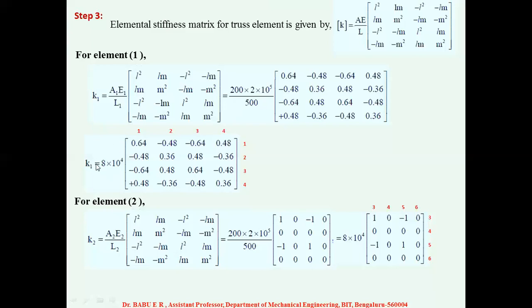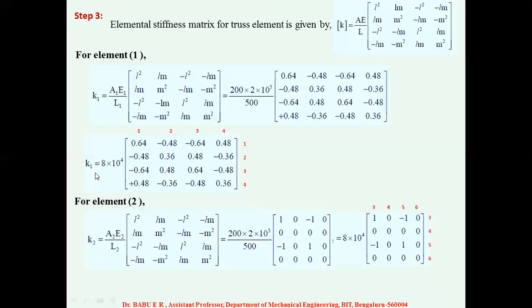So you keep it as it is, don't send it inside, because it becomes too complicated. Better you keep it outside. So this choice you have to think about. If area is different or length is different, it is compulsory to send the term inside the matrix. So I'll keep it as it is, in the bracket, and write the terms as they are.